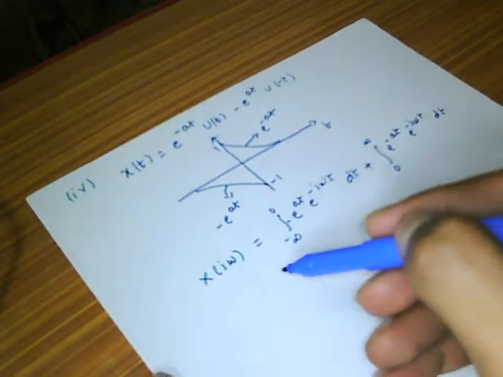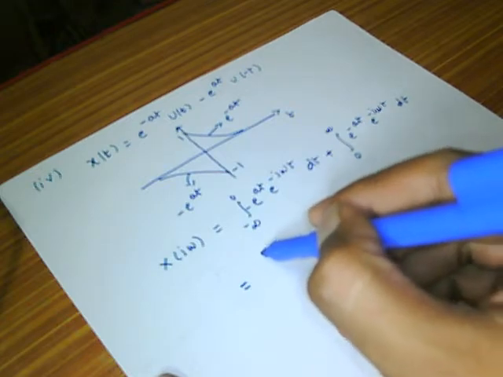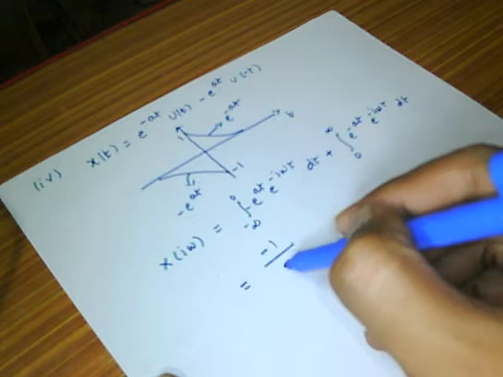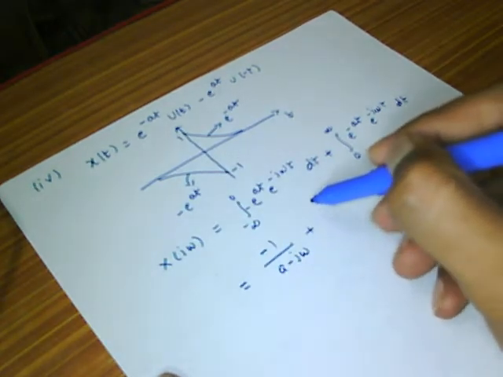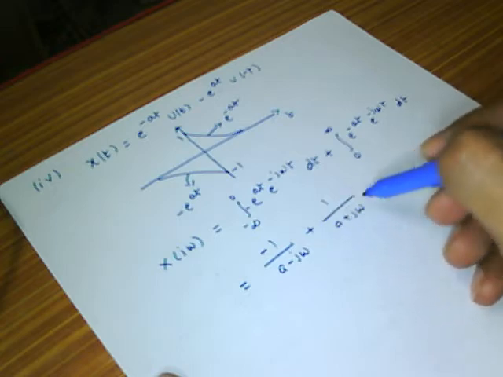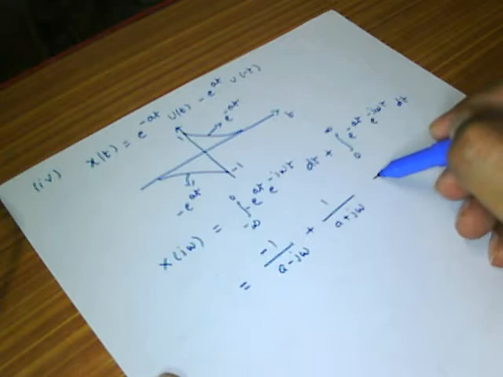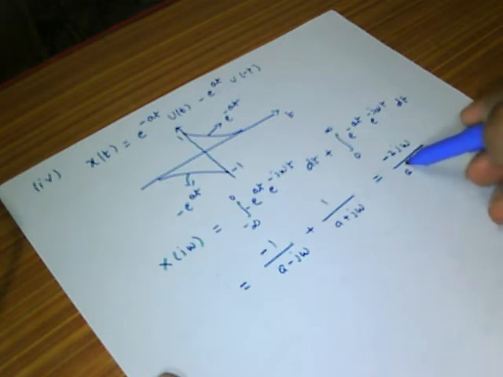After simplification, this will be equal to minus 1 by a minus j omega plus 1 by a plus j omega. This easily simplifies to minus 2j omega by a squared plus omega squared.